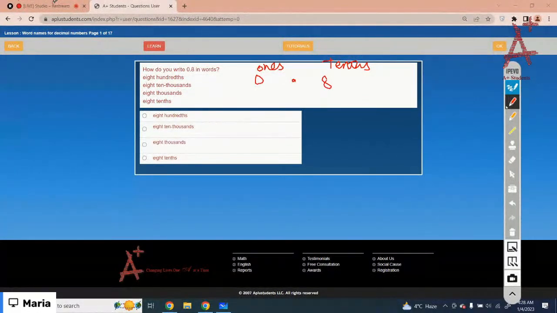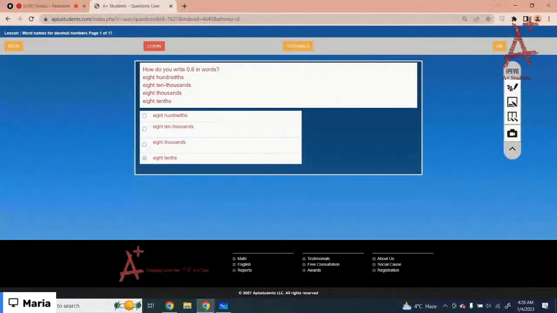So you can just write it as 8 tenths. Got it? The correct option is 8 tenths. Just look at the place value of the 8, it is tenths. So the correct option is the last one, 8 tenths. Just select the correct option, then click on the OK button.